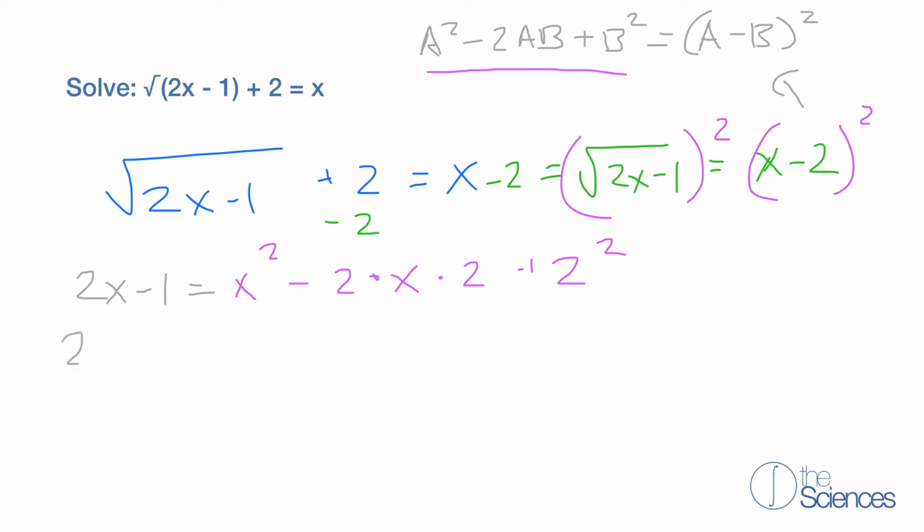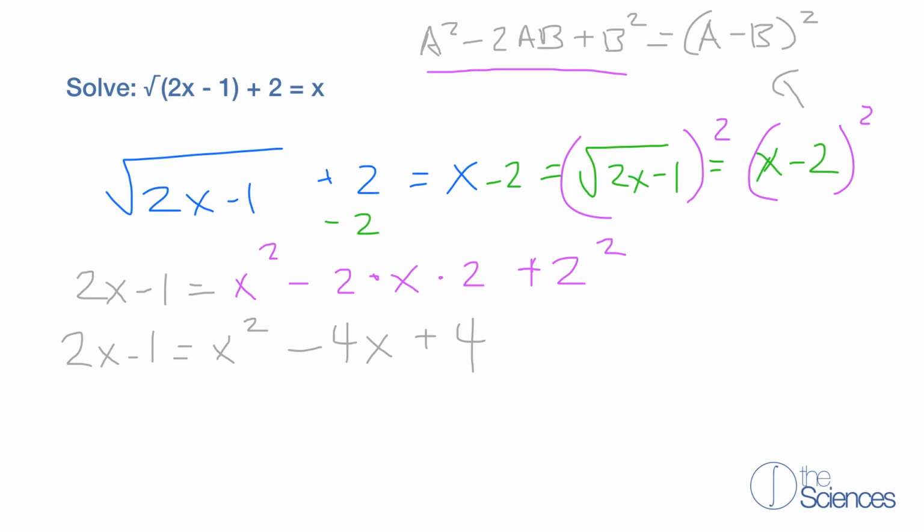So now what we have is 2x minus 1 equals x squared, negative 2 times 2 is negative 4x, plus, it's a plus, 2 squared is 4. So now notice we're working with a quadratic equation.